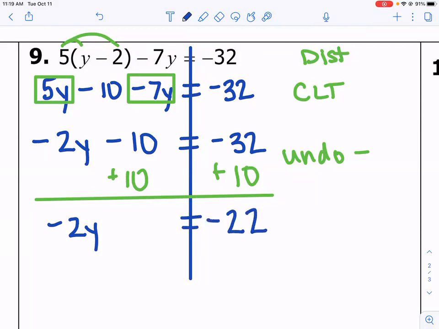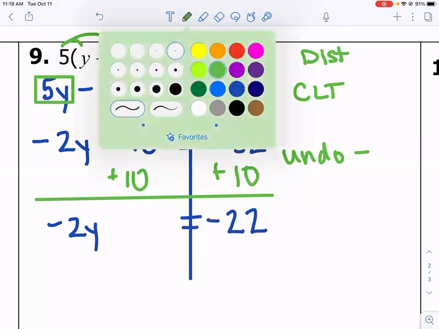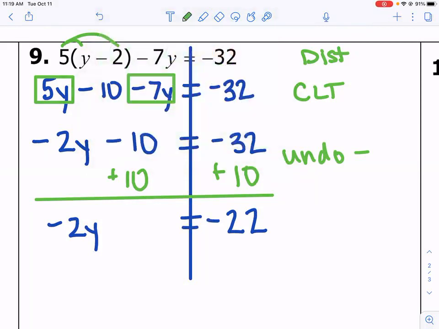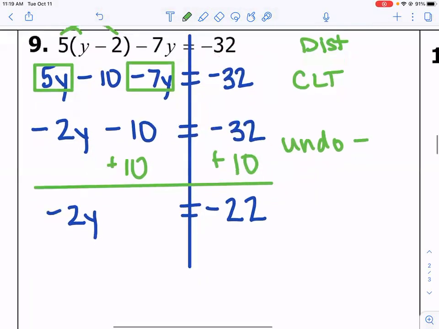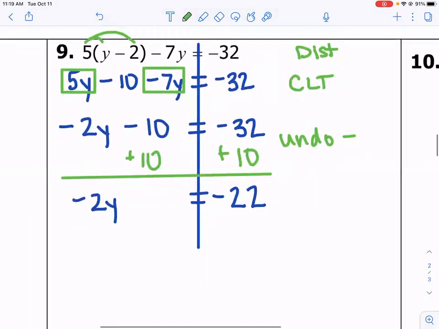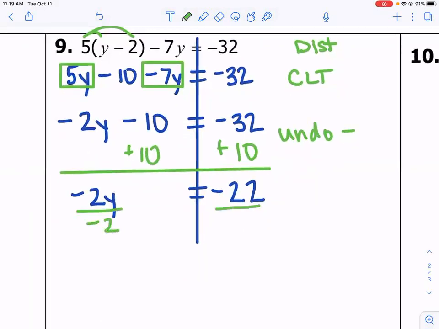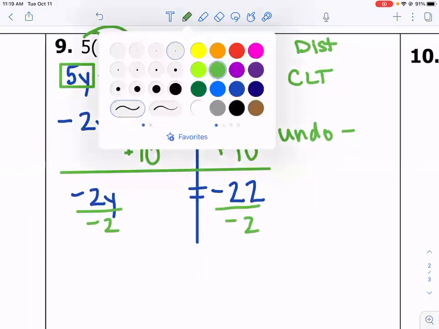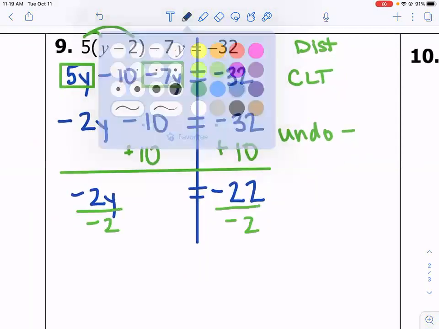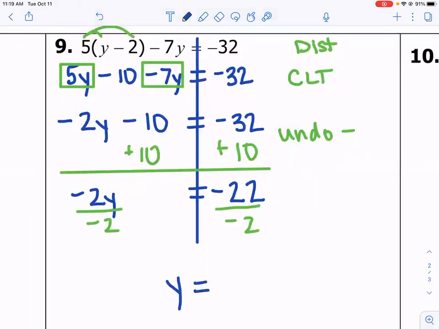It's going to be a negative 22. Okay. Jada, tell me what to do next. Now we're going to divide both sides by negative 2. Denise, what's our answer? 11. Okay.